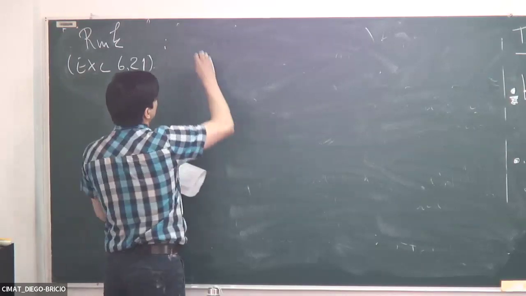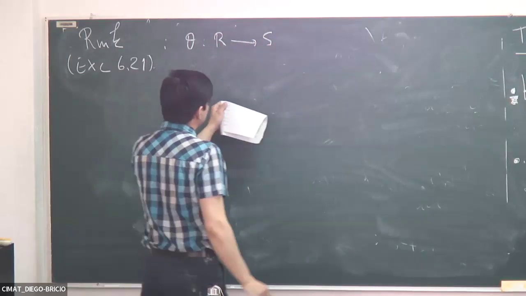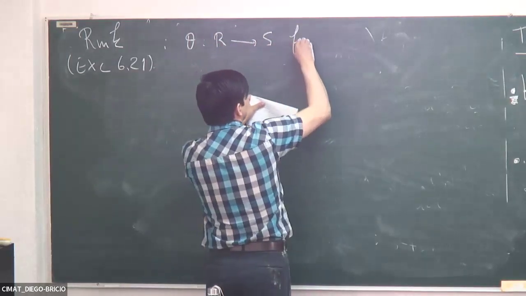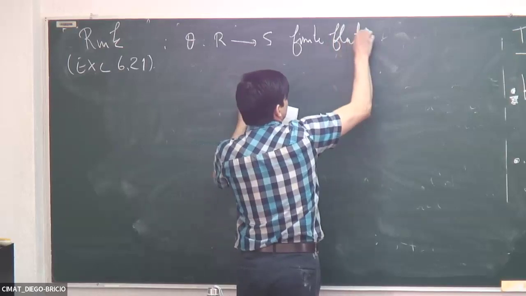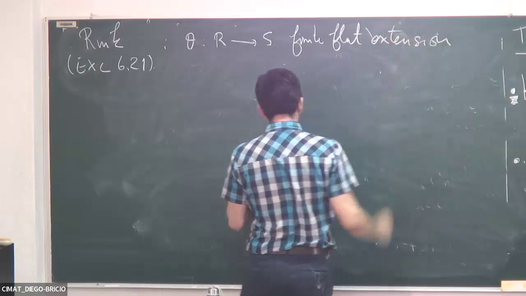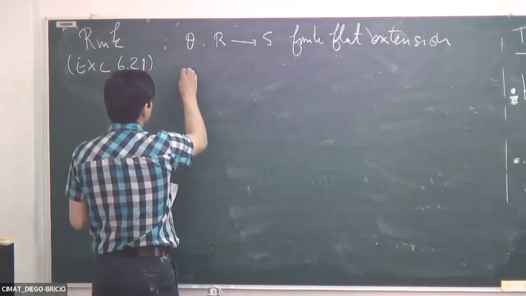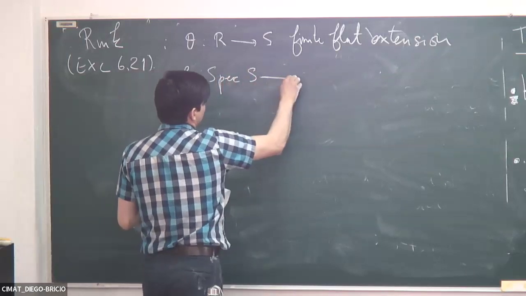Let me see. Yeah. So we're going to start with a ring homomorphism, just a finite flat extension of rings. And so you remember we denote by S the corresponding map on the spectrum.